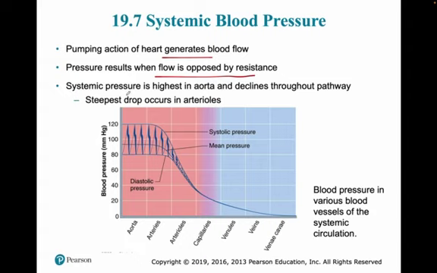So systemic pressure is always highest in the aorta, because again we discussed this before. The aorta has the pressure of making sure that every organ is getting the blood. So the biggest artery, the aorta, has the highest amount of blood pressure. From the aorta to the smaller arteries, the blood pressure will decrease.